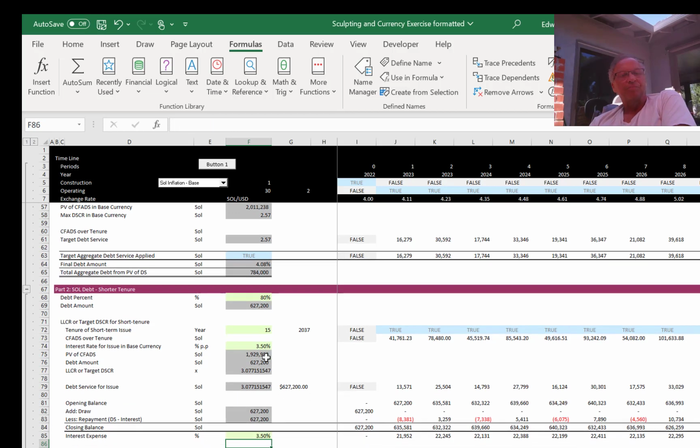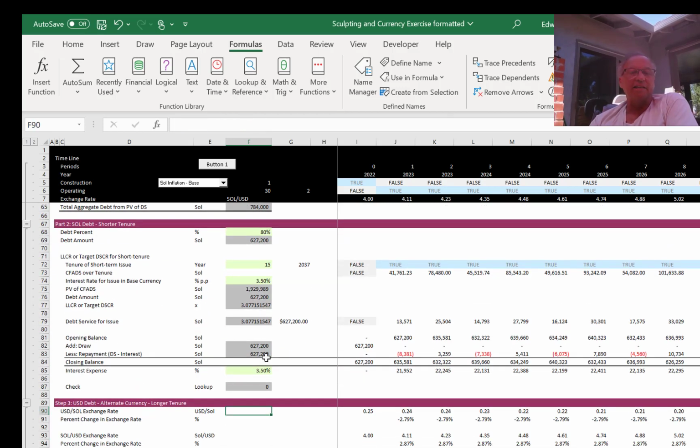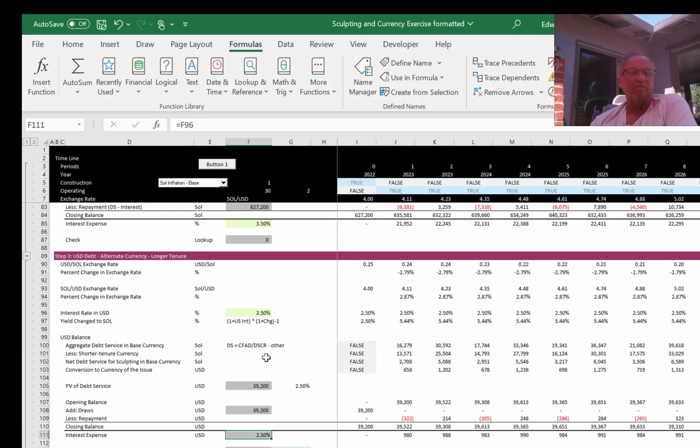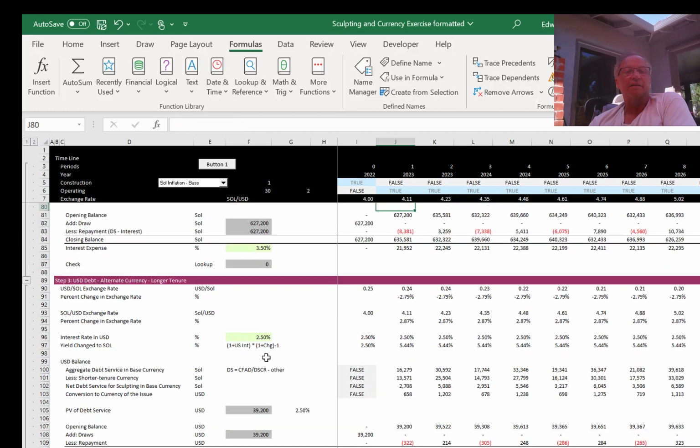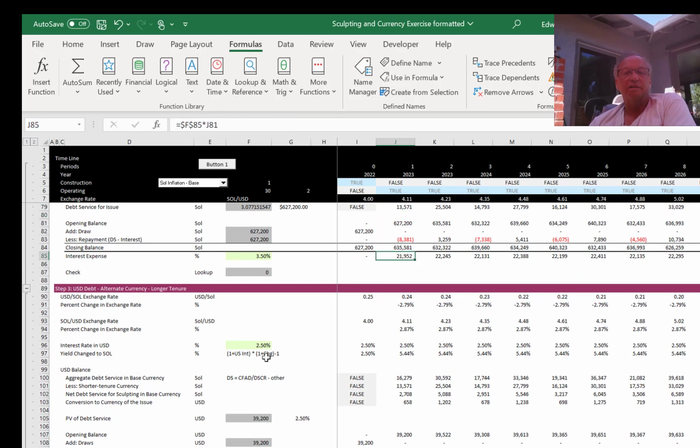And then now we have 80% in soles, and the effective yield in soles is 3.5%. That's our interest rate. In USD, in this particular case, I'm on the base case, our yield is, excuse me, our yield is 5.44, so it's a lot higher.